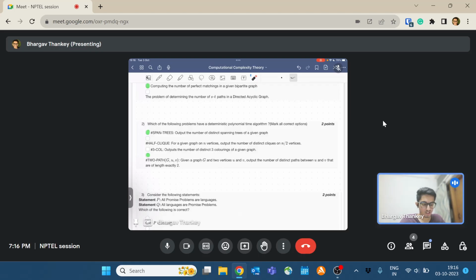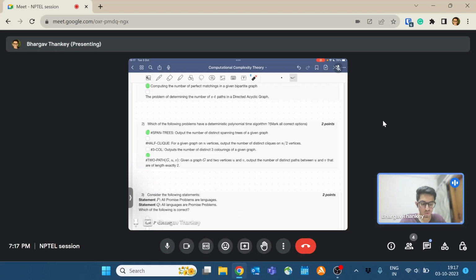Then all you had to do to decide whether the graph is three-colorable or not, or has a half clique or not, is to simply count the number of cliques or colorings and check if this number is greater than 1 or not. If it's greater than or equal to 1, then the graph is three-colorable or has a half clique, and if it's 0, then it does not have a three coloring or a half clique.